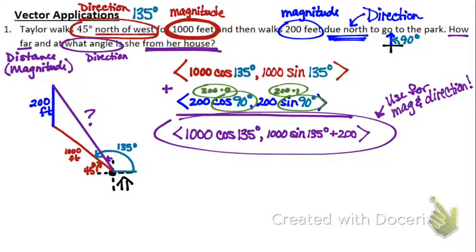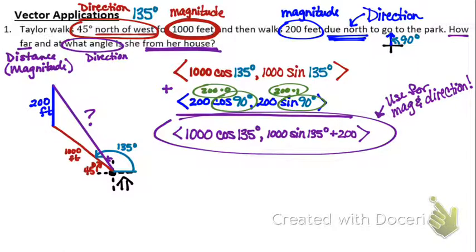But I'm going to push pause real quick, and I'm going to make sure that I know for certain what quad I'm in. So I'm going to take each part of this component form and pop it into my calculator. Because when we go to find direction, we use what function? Tangent. Inverse tangent can only find me angles in which quads? 1 and 4.